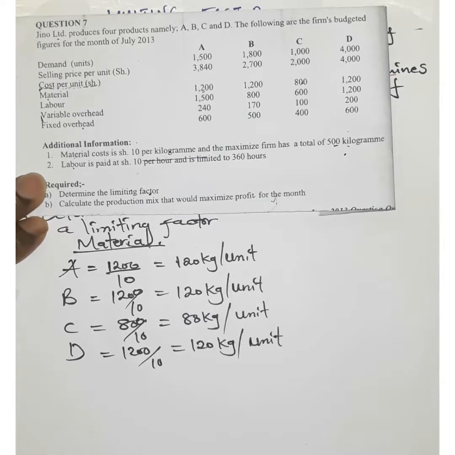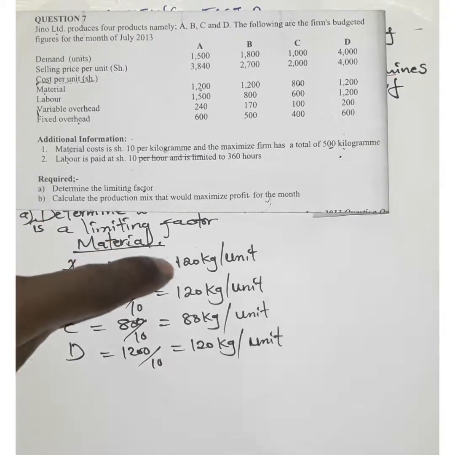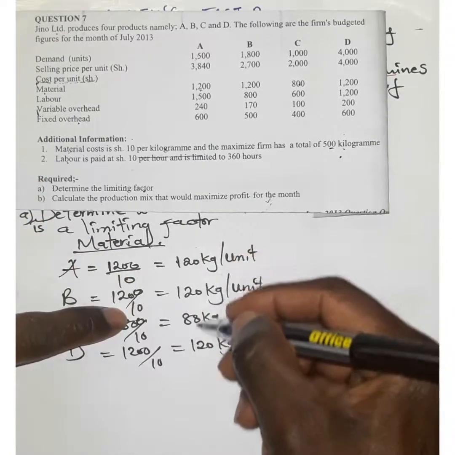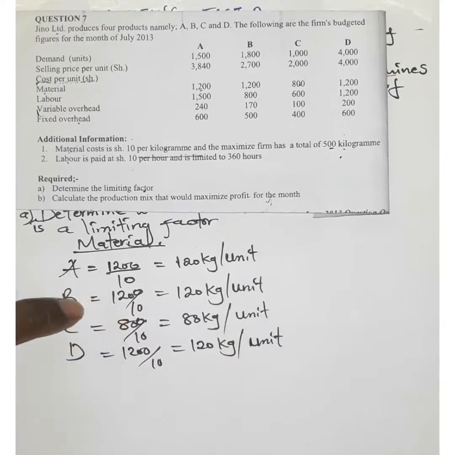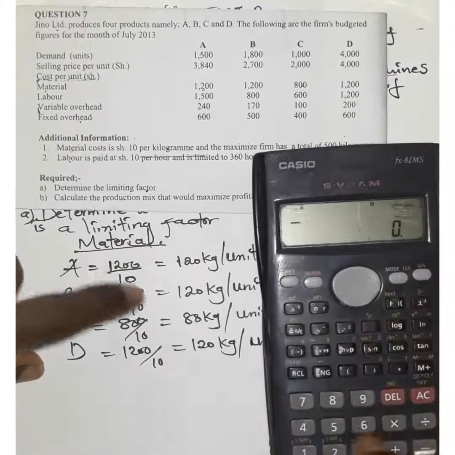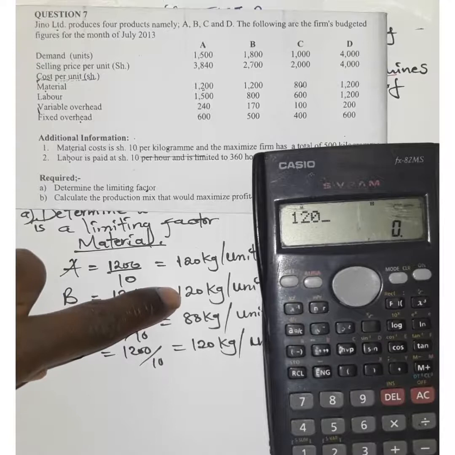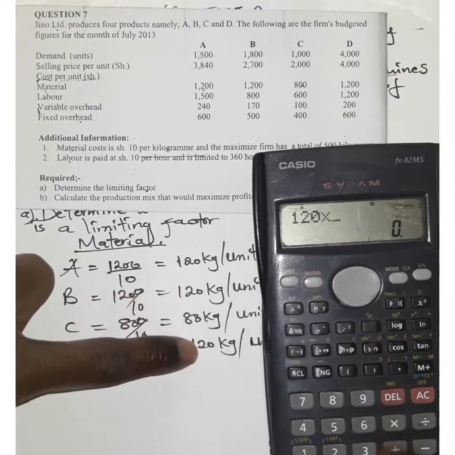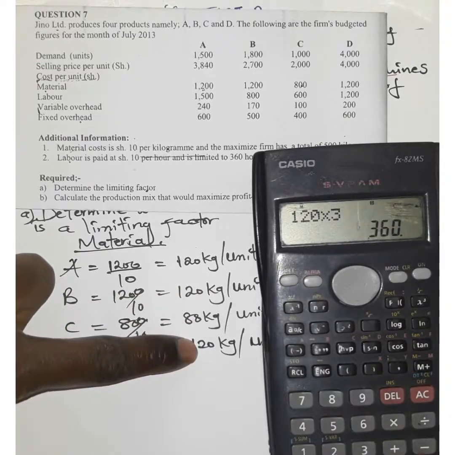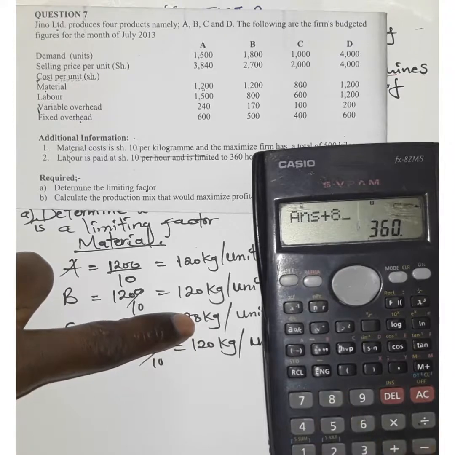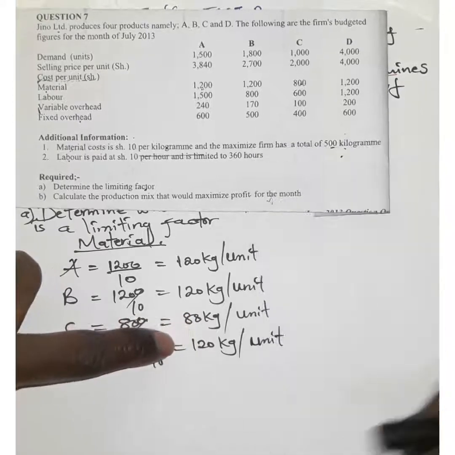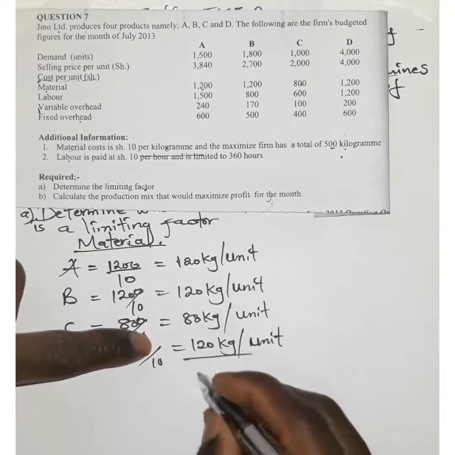So if you do the summation, you add all these kilograms here, and when you add, you get 3 times 120 plus 80, which is 440. So this is what is required.